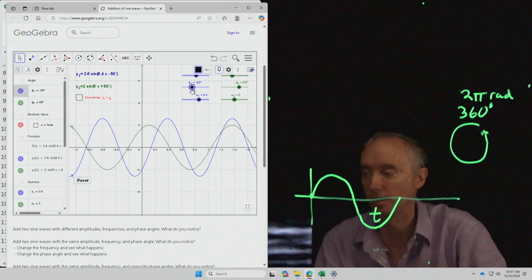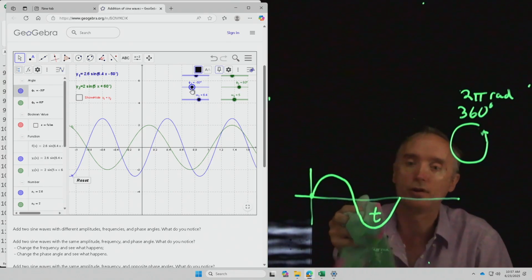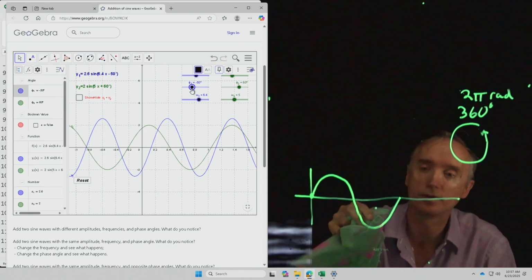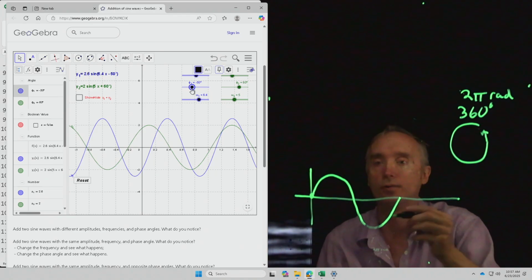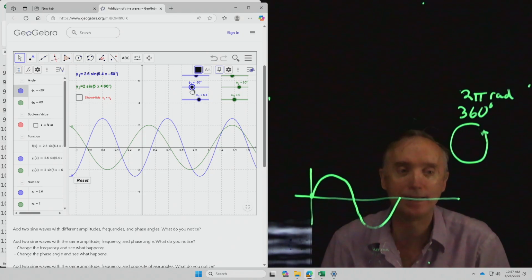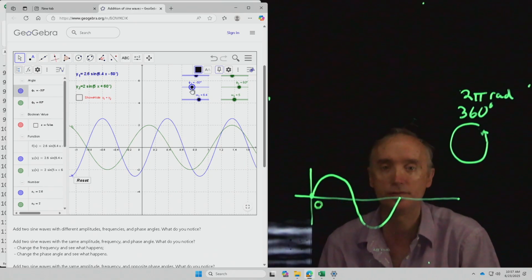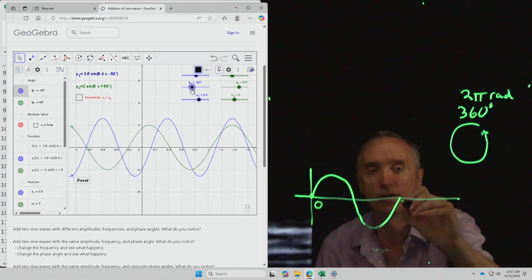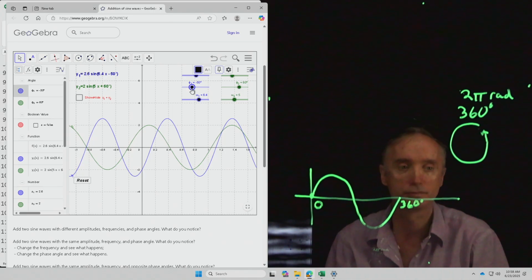So instead of the letter T for time, we could do it in terms of an angle. And we could say that this over here where it begins is 0 degrees, and then over here is going to be 360 degrees.